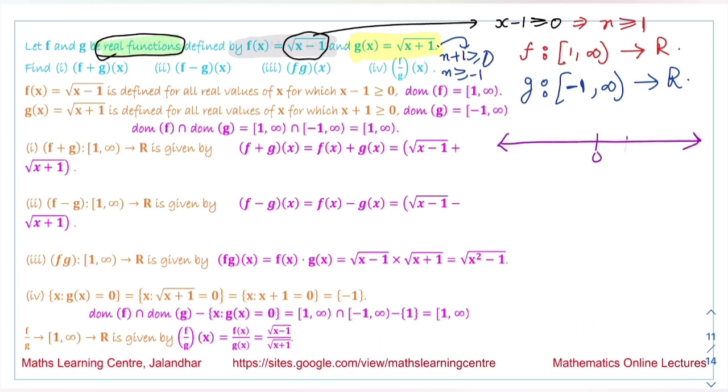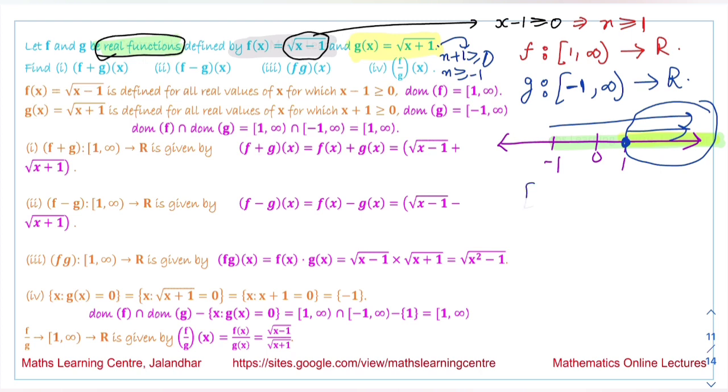Now we are talking about the numbers 0, 1, minus 1. First we have the interval 1 to infinity, second the interval minus 1 to infinity. So what is the common part over here? This 1 is included over here.